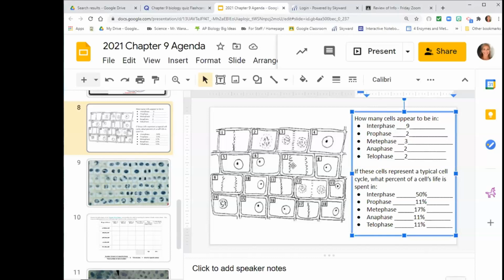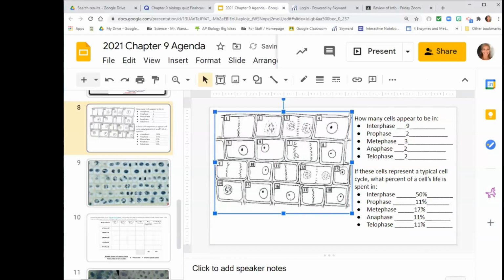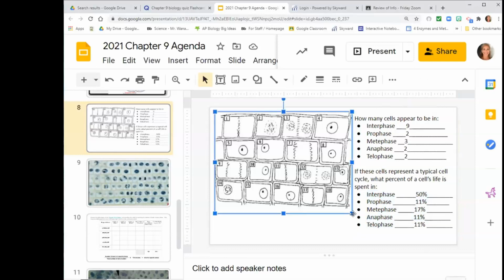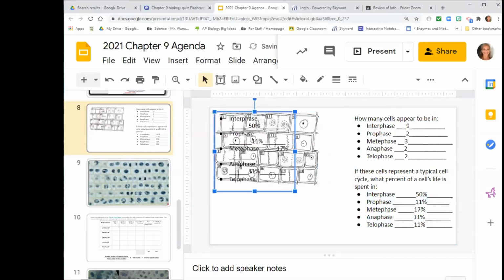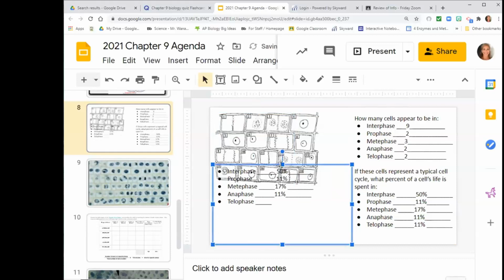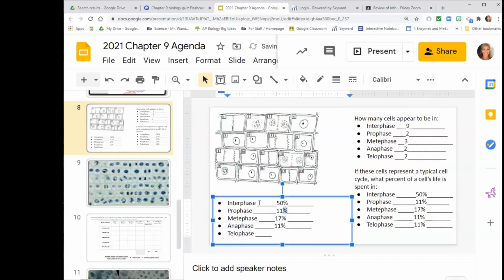All right, now let's say the cell spends, I didn't give you this one, 120 minutes to go through the entire cycle. 120 minutes to go through the entire cycle.